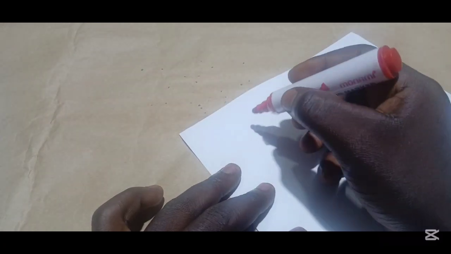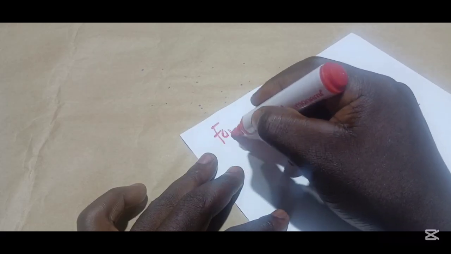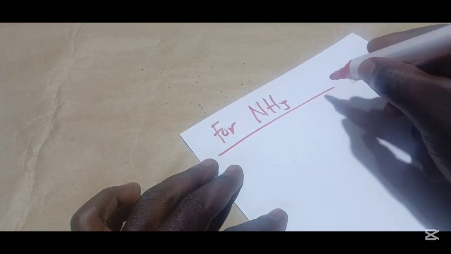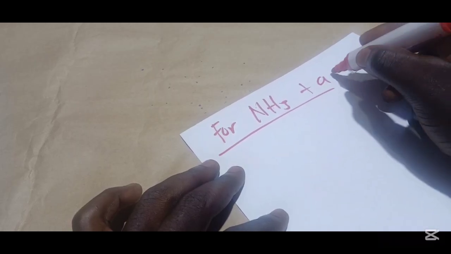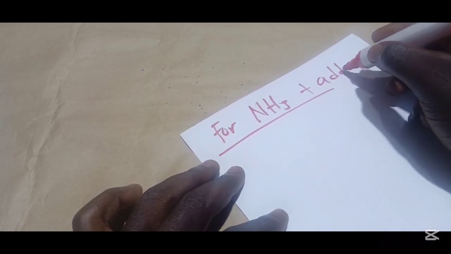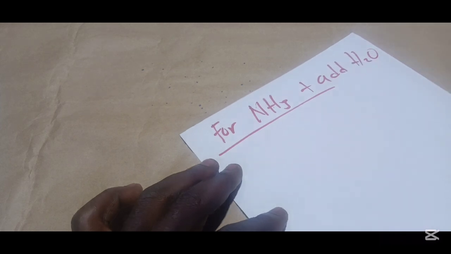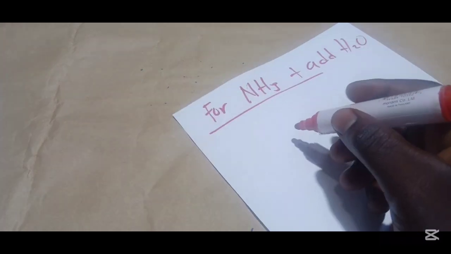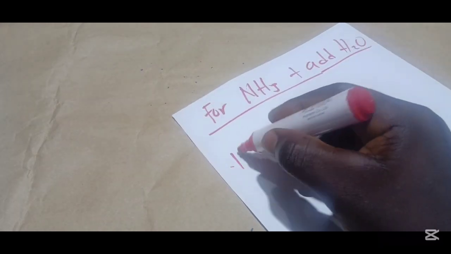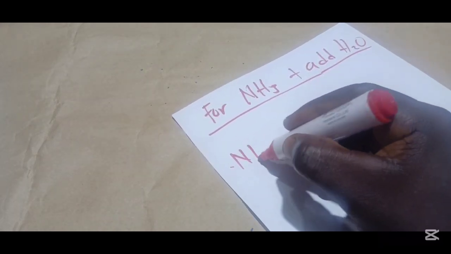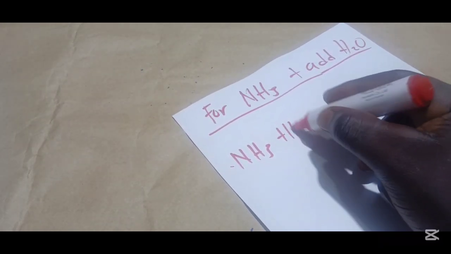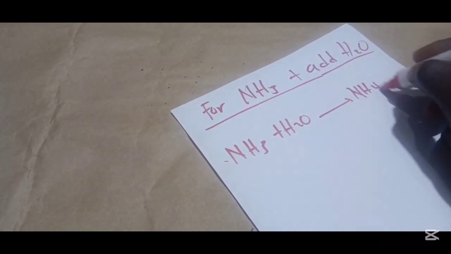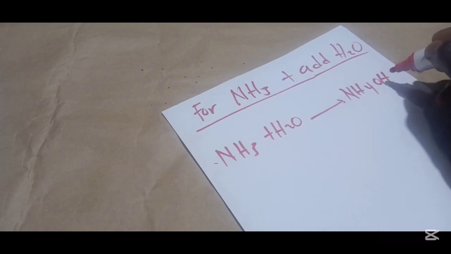What about an NH3 compound? What we do is that we add water. To find the equivalent weight of NH3, we add water. So NH3 plus H2O will give us NH4OH.